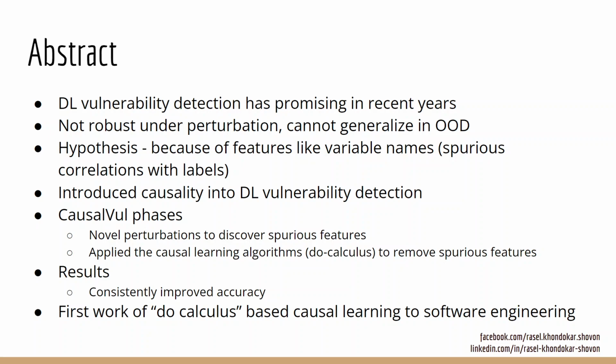The result was that the model consistently improved accuracy, removed the spurious features, and was able to perform in tasks like vulnerability detection on unseen datasets. This was the first work that used do-calculus based causal learning in software engineering.